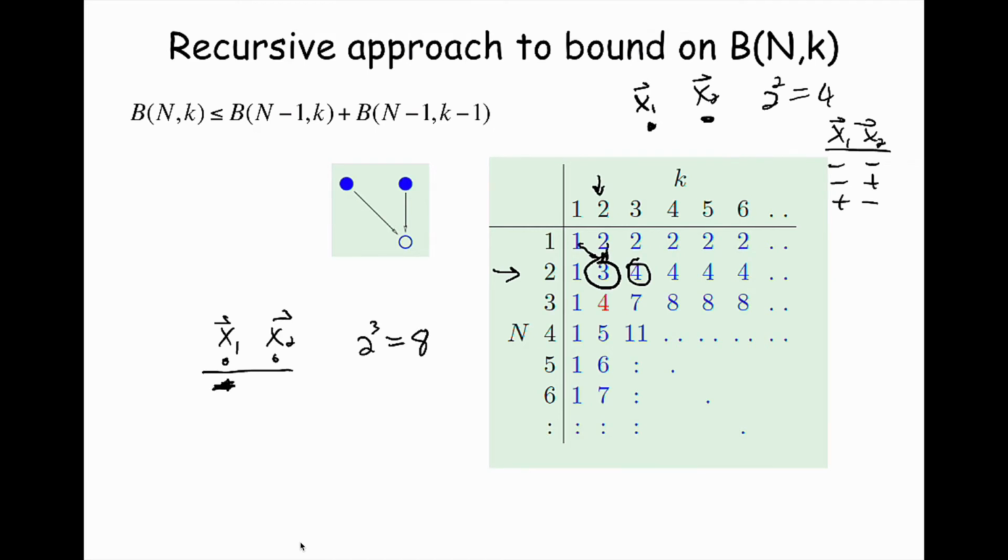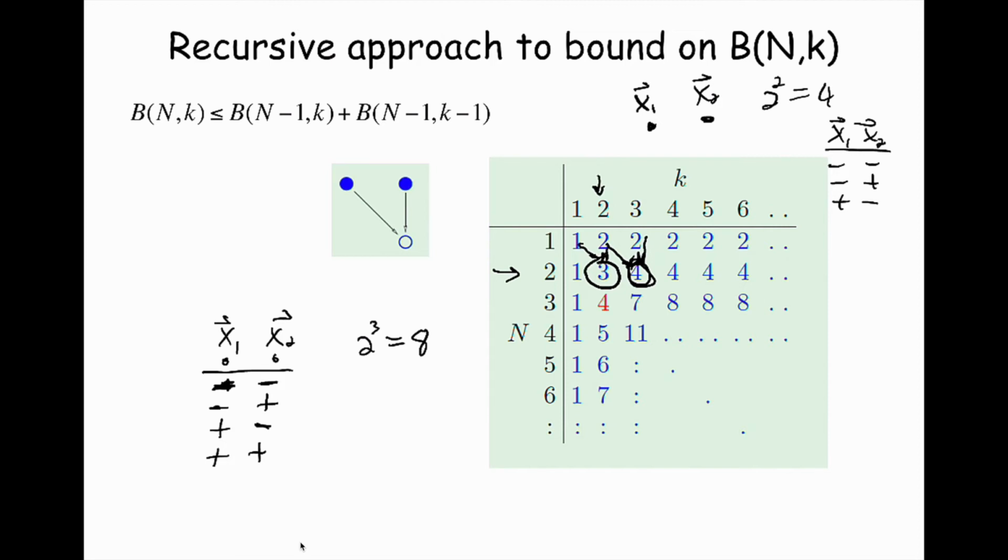Minus, minus, minus, plus, plus, minus, plus, plus. That's 1, 2, 3, 4 dichotomies. And we have 4 here. Okay? And just so happens, if we were using the recurrence relation, we have 2 plus 2 is equal to 4.